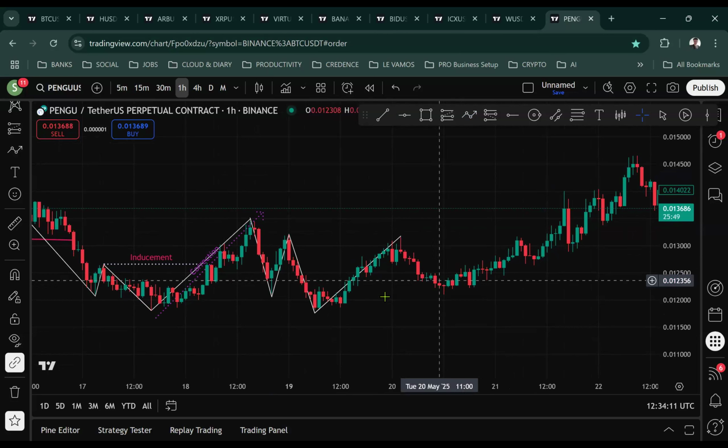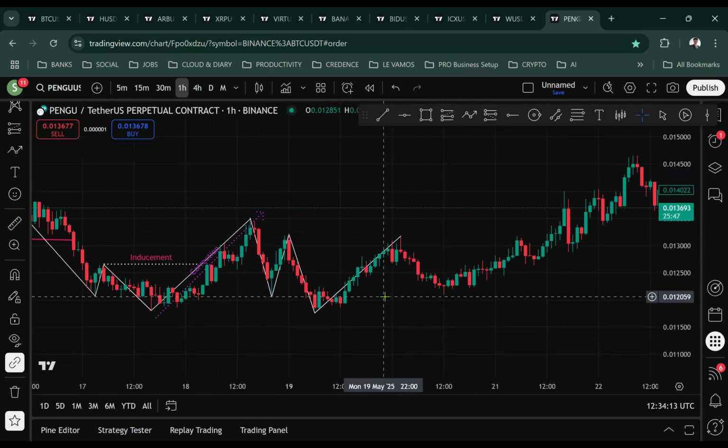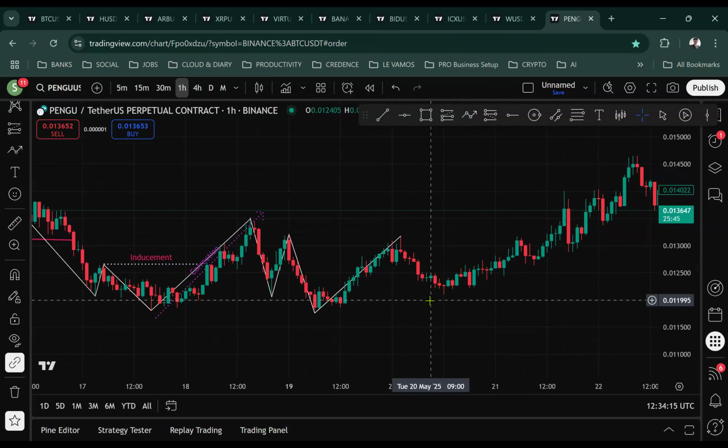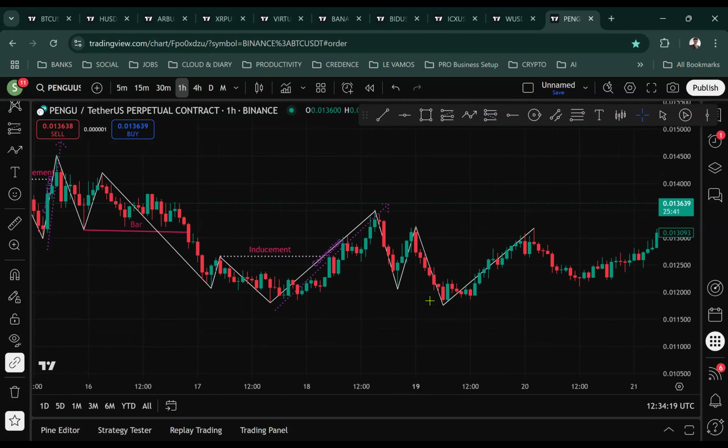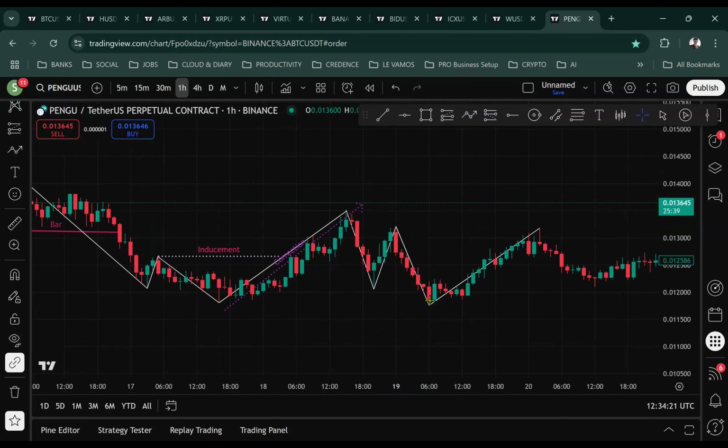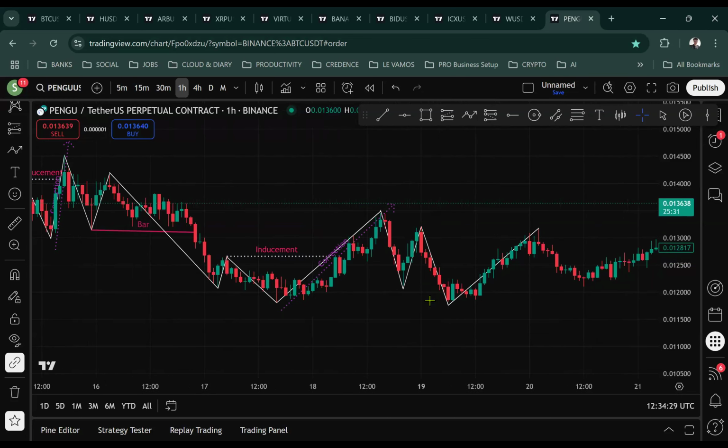We must see a correction, then a break to the downside, before you know the correction is done. This correction kept going up until it broke above the previous correction.